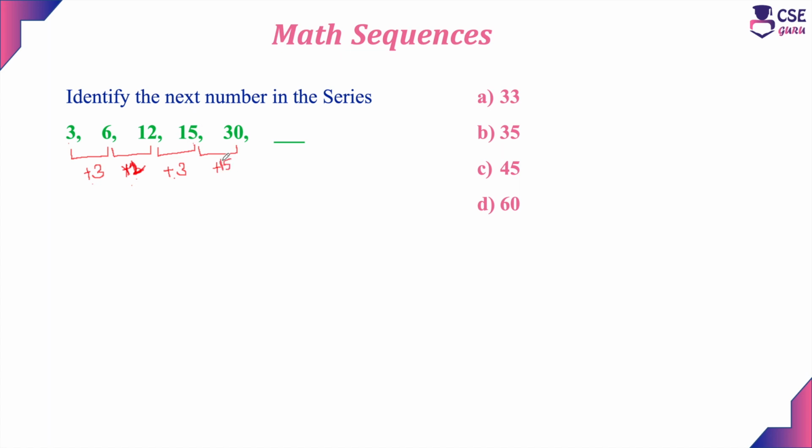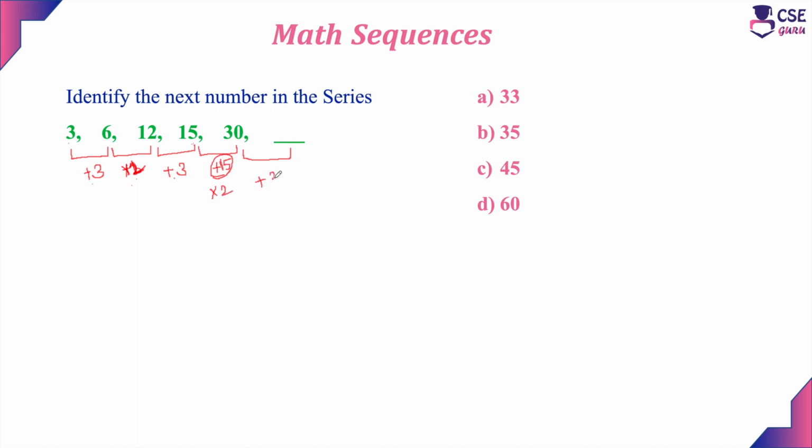And the difference between the fourth and the fifth term is 15, so we can consider this as into 2. So the pattern is plus 3 and into 2, alternate. The difference between the fifth and the sixth term is into 2.